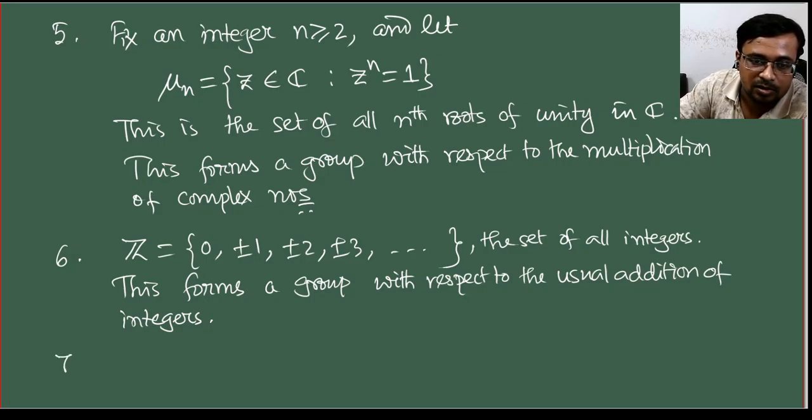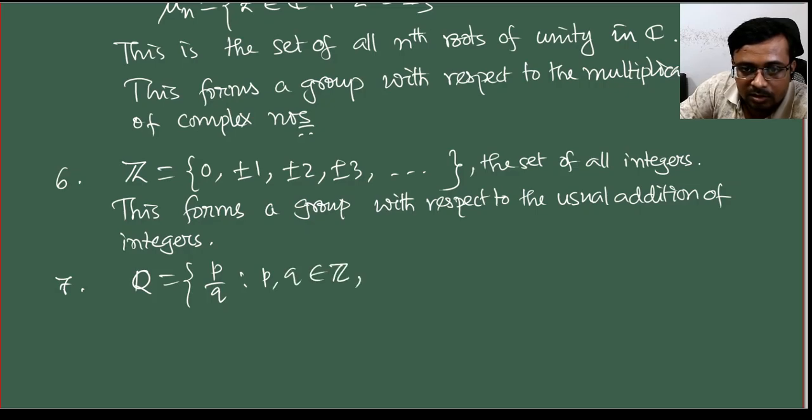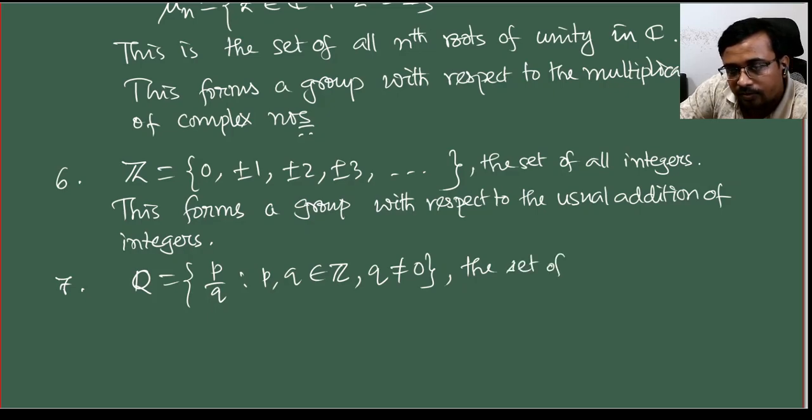Right. Next example is you take Q, the set of rational numbers, p by q such that p, q are integers, q not equal to 0, the set of all rational numbers.